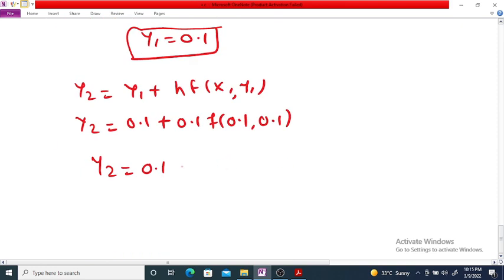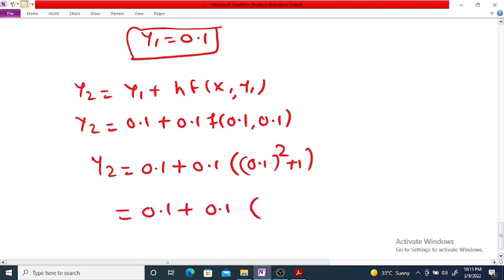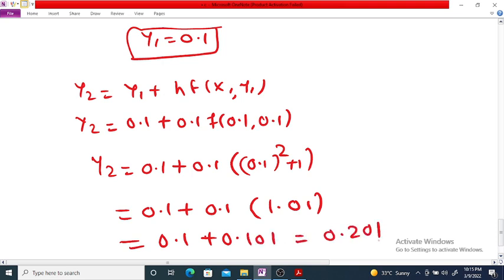That is 0.1 plus 0.1 times 1.01, which is 0.1 plus 0.101, so this is equal to 0.201.